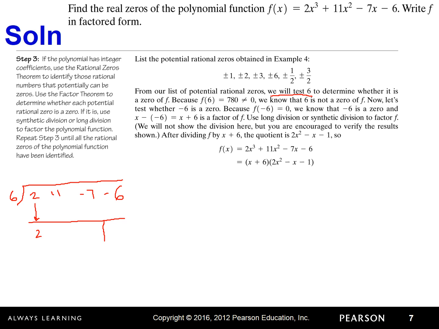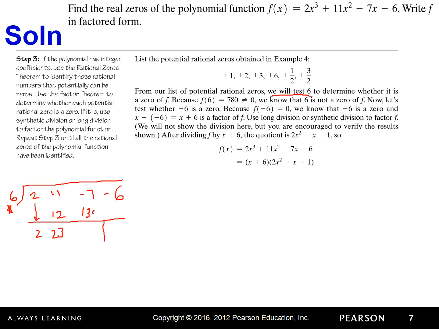Multiply the 6 and the 2, get 12. Write that number here and add. You get 23. Multiply the 6 and the 23, and you're going to get 138.